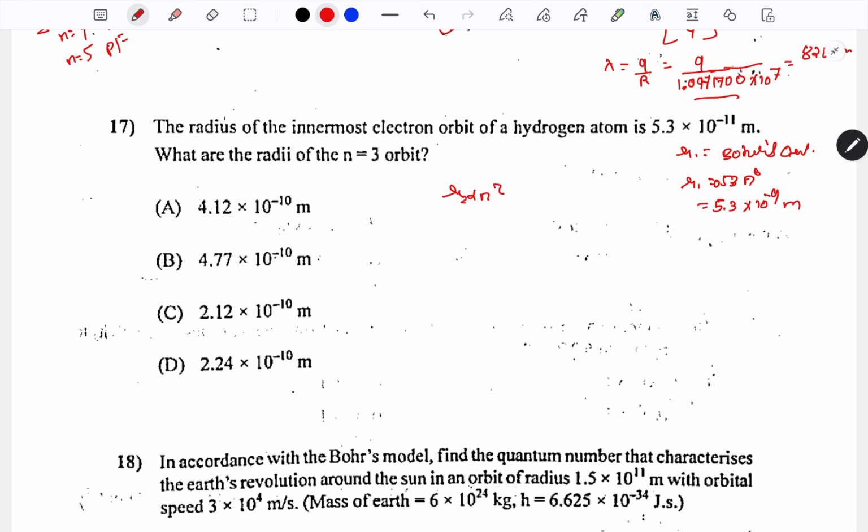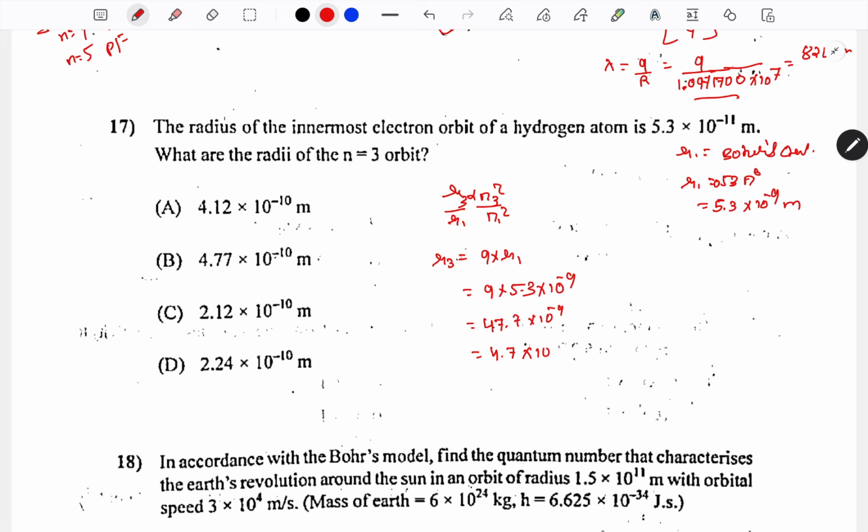So r3 by r1 is equal to n3 square by n1 square, which means r3 is equal to 3 threes are 9 multiplied by r1. So 9 into 5.3 multiplied by 10 to the power minus 11, and 9 times 5.3 is 47.7 into 10 to the power minus 11. So answer will be 4.7 into 10 to the power.